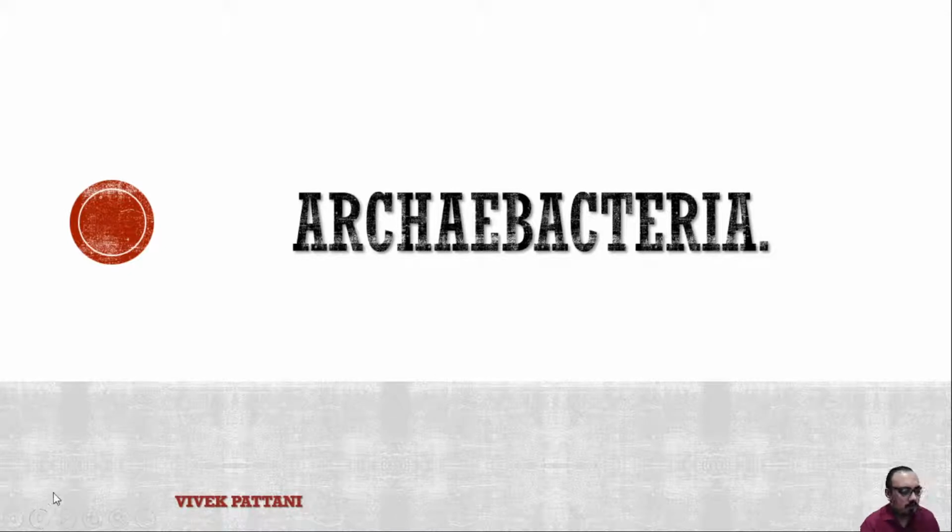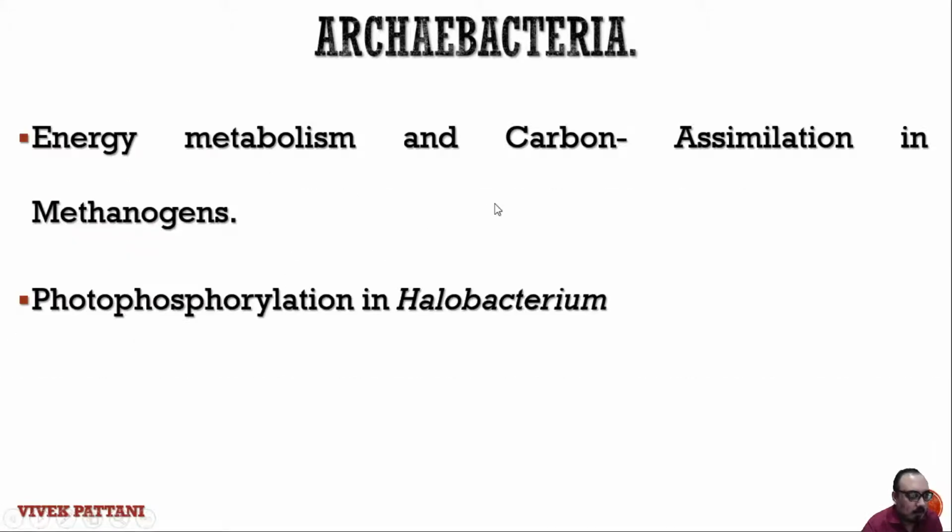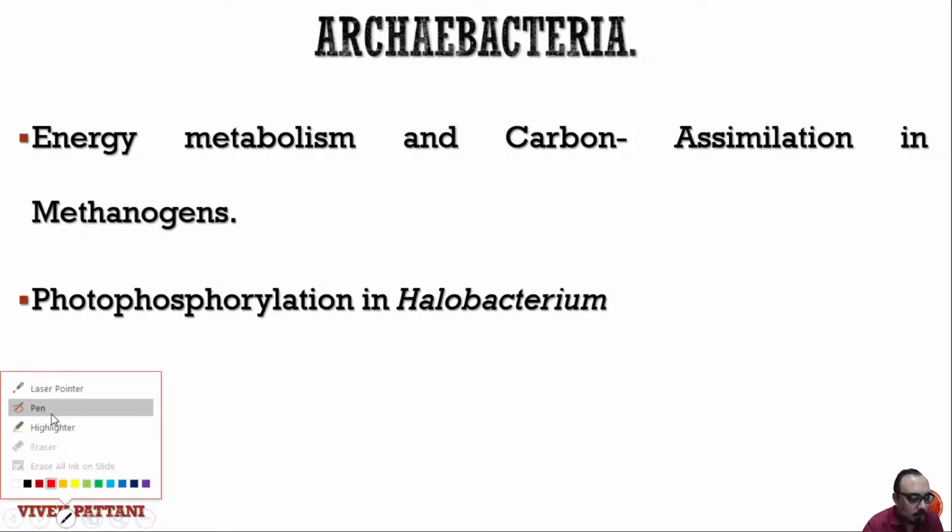As we discussed yesterday about the fermentative patterns using various fermentation pathways, today I am going to discuss the Archaebacteria, of which your course includes two: one is a methanogen, and the other is a halobacterium. We will cover the energy metabolism, how they produce energy, how carbon assimilation occurs in methanogens, and how they produce methane.